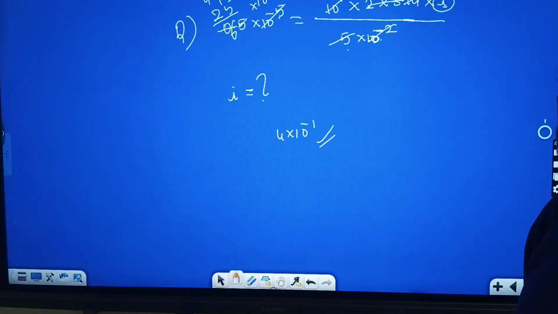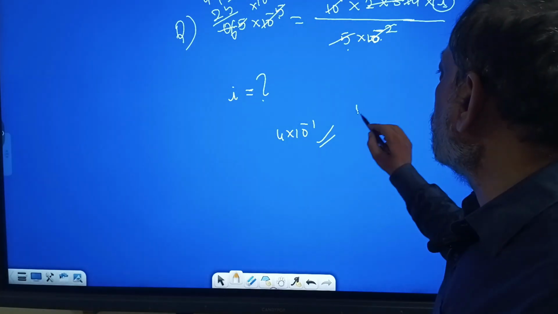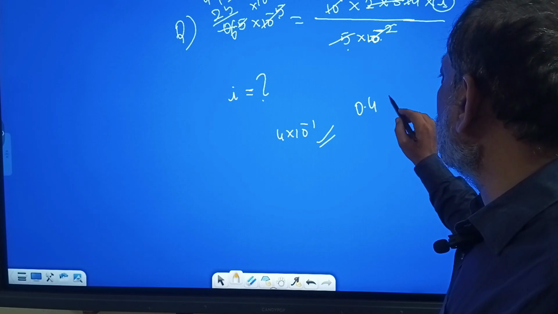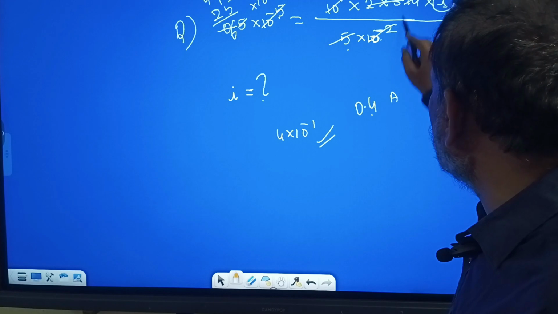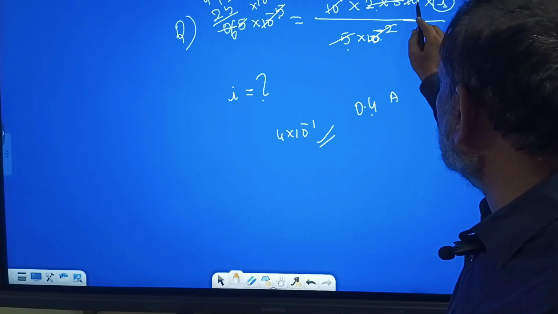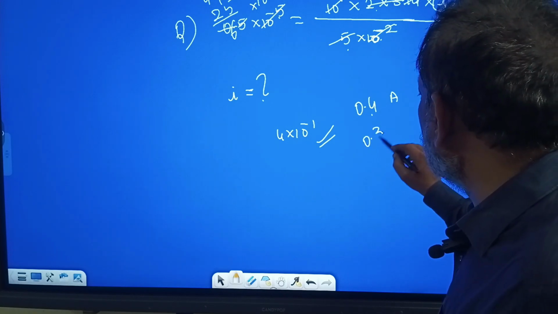Okay, that is correct. Current I is equal to 0.4 ampere. Still it is going to reduce. Why? Because this is 6.1 something, so it won't come exactly 0.4. It comes 0.385 something.